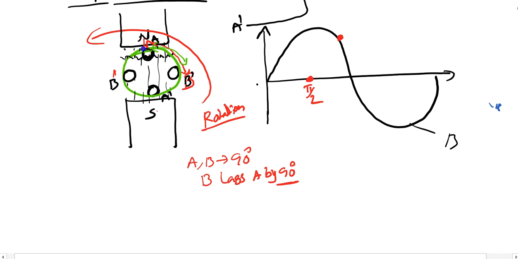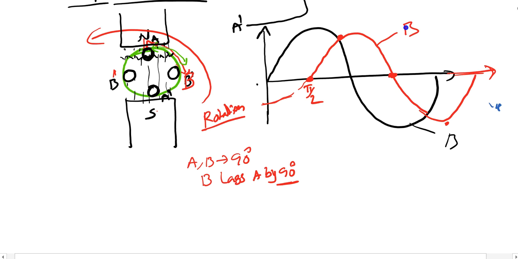Again it comes to the 0 point, again it rotates and comes to a maximum value somewhere here. So this is the other waveform which has been created by your conductor B, and due to conductor B, this is the sinusoidal signal you are going to get.